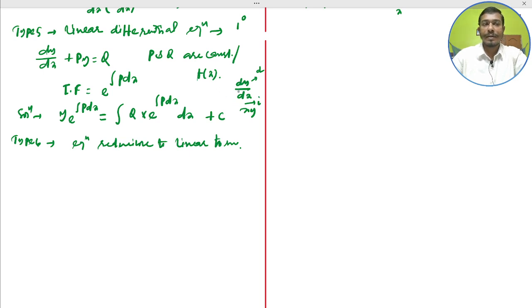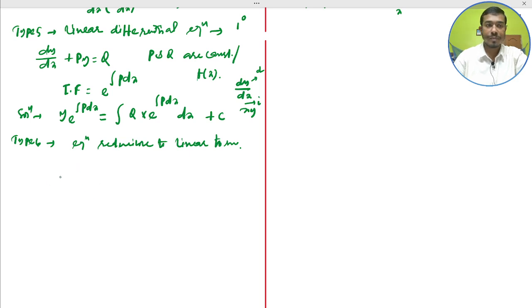And it becomes non-linear when, in place of dy/dx, it is d square y by dx square, or when there is a product of the dependent and independent variable, xy. So in linear there should not be any such product.